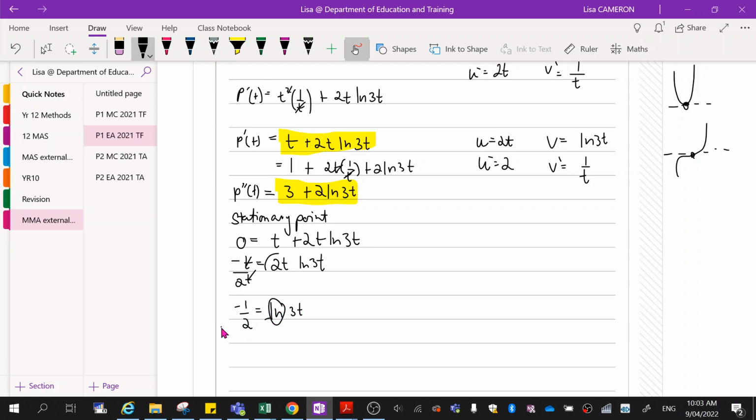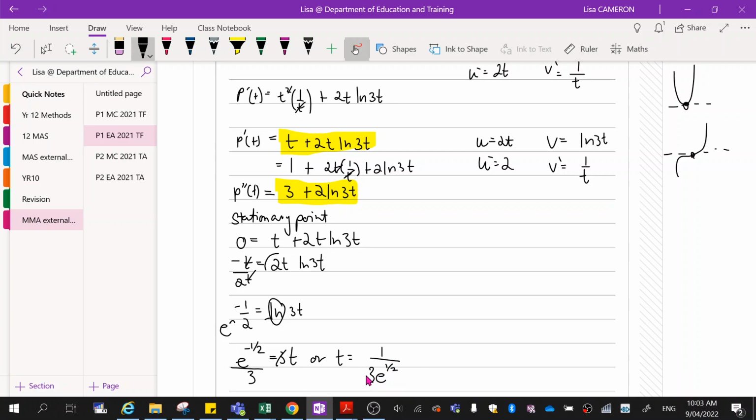Take this over, it's going to become e to the power of negative a half. So e to the power of negative a half is equal to 3t. And then I'm going to take the 3 across by dividing. So t is equal to this, or I could also say that t is equal to 1 over 3e to the power of a half.